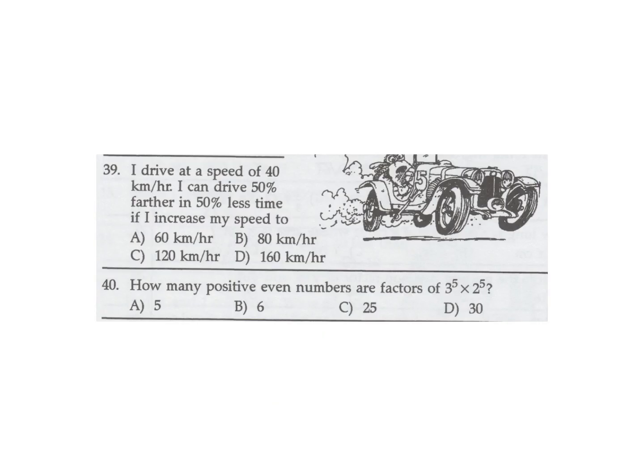I drive at a speed of 40 kilometers an hour. I can drive 50% farther in 50% less time if I increase my speed to what? If you're driving 40 kilometers an hour, let's just say in 1 hour, you would drive 40 kilometers. Now, I want to drive 50% farther in 50% less time.